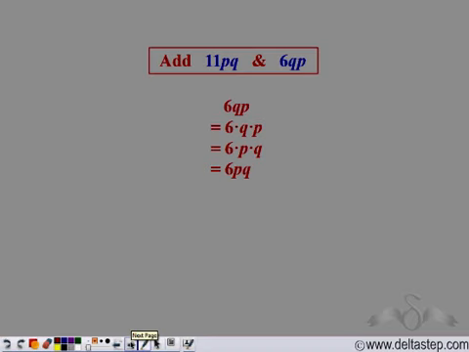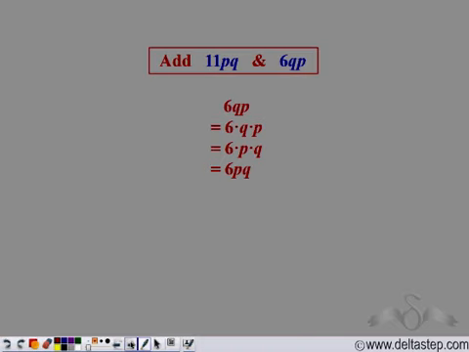So this and this are like terms, 11pq and 6pq. These are like terms, although they appear to be unlike terms initially, but these are actually like terms because p multiplied with q is the variable part here. p multiplied with q is the variable part here. So they have the same variable parts and hence they are like terms.